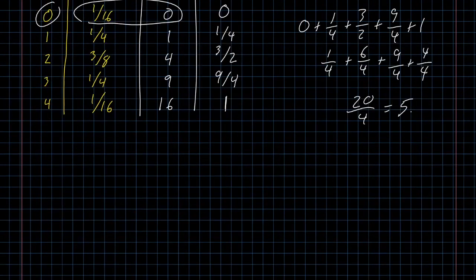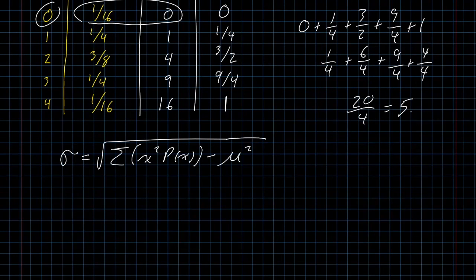The formula has scrolled off the screen, so let me rewrite that. Sigma is the square root of the sum of all of the x squared times p of x minus mu squared.